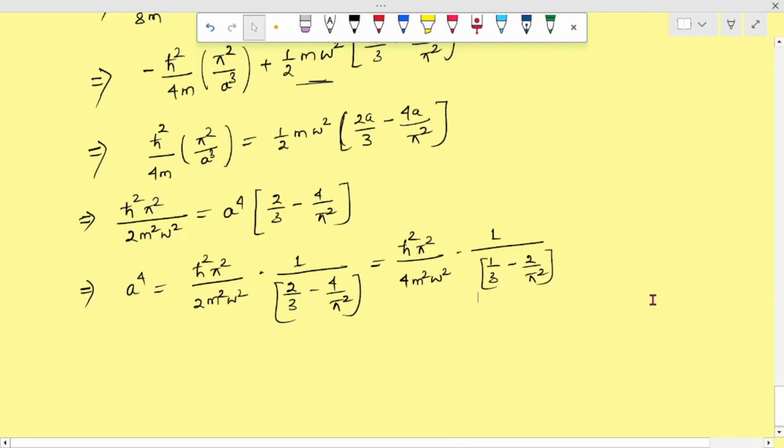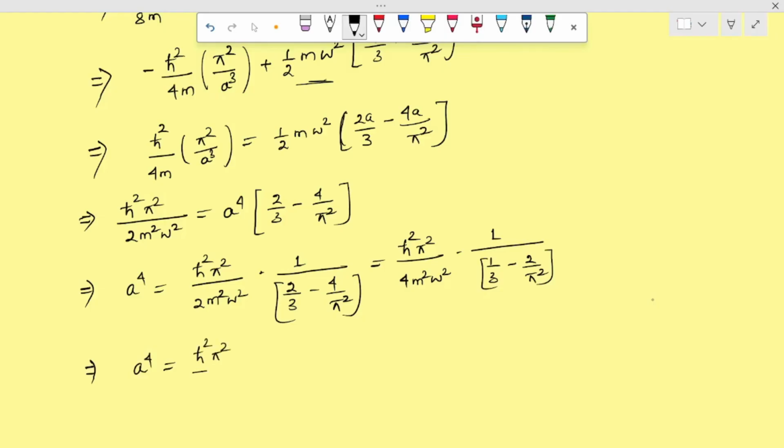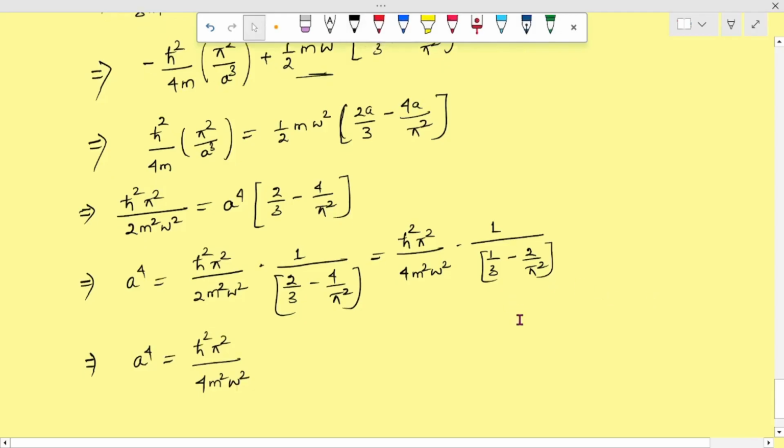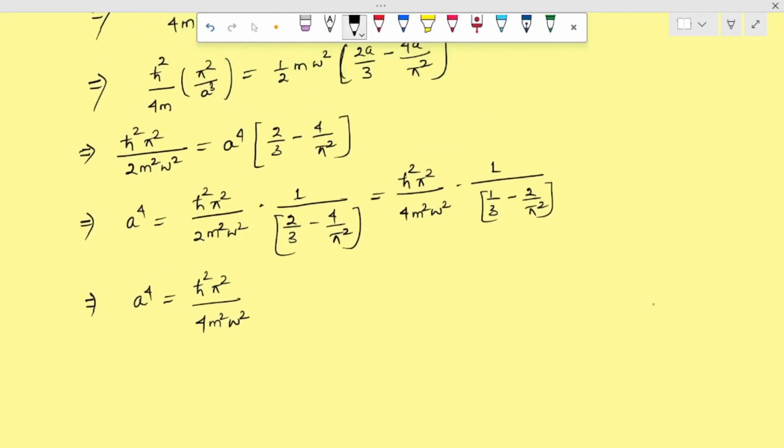So here this value will be a to the power 4 equals ħ² π² by 4 m² ω² into, if we subtract these two terms, we get 3π² minus 6.